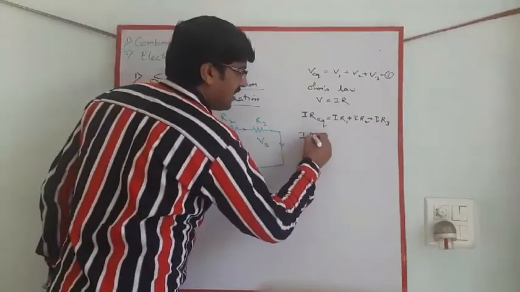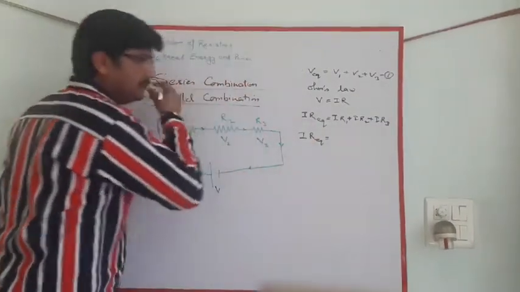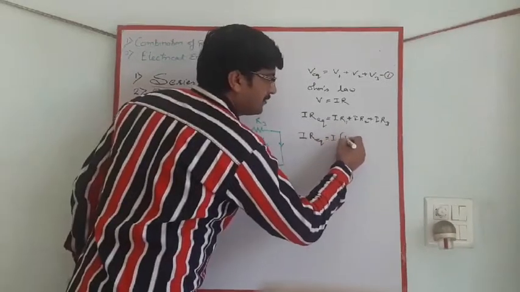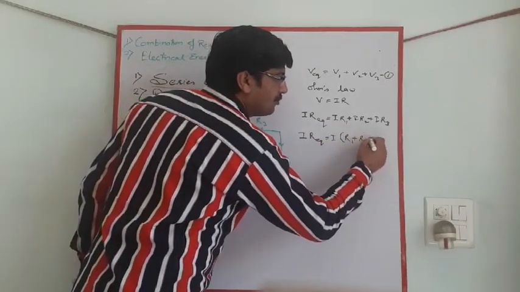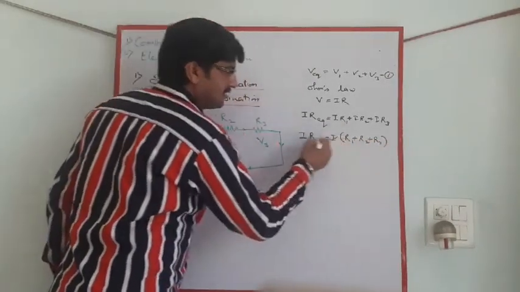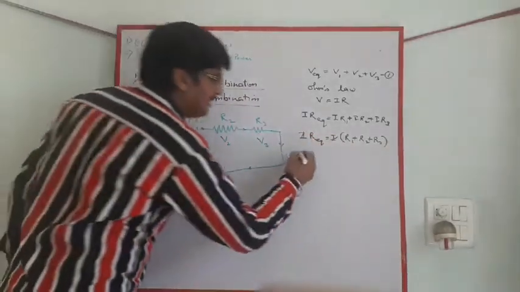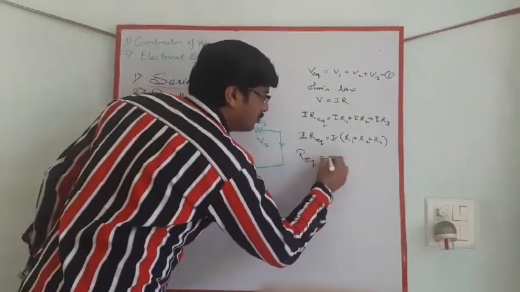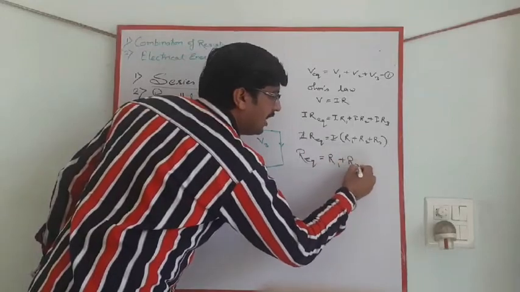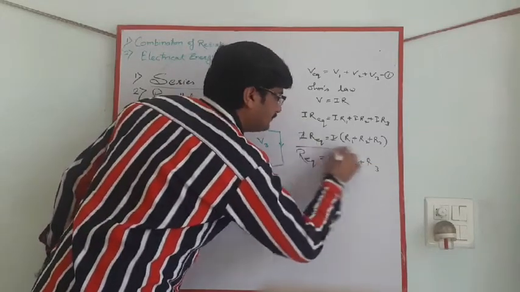That is, I R equivalent is equal to I times R1 plus R2 plus R3. I cancels out. What are we left with? R equivalent is equal to R1 plus R2 plus R3.